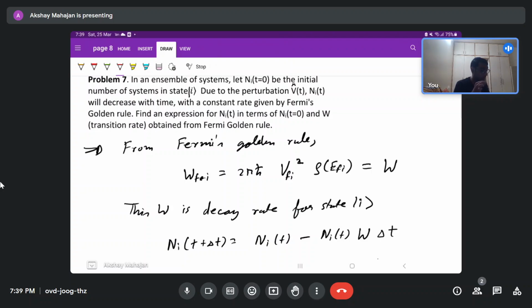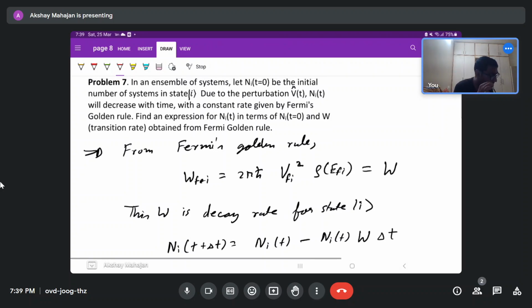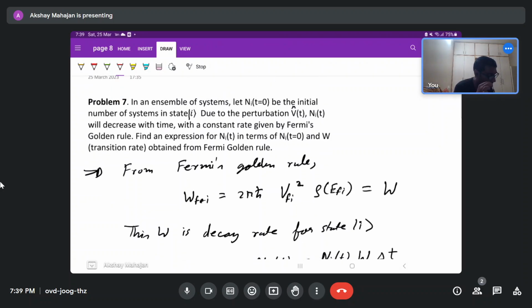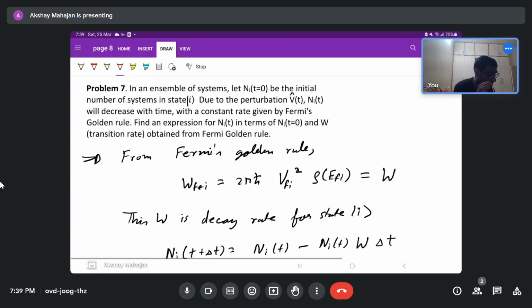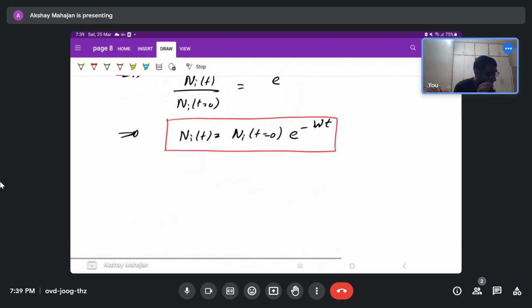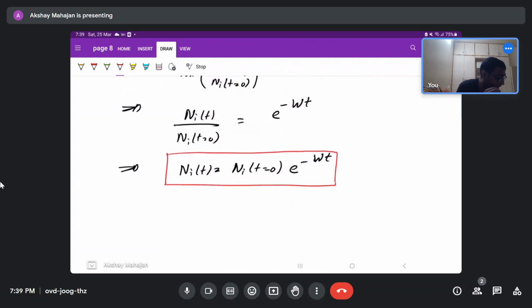We found this V, and we found the rho radiation as well. So if there is a transition matrix element and the density of states given, then we can find our W value. But in this question, we just have to find this one only.